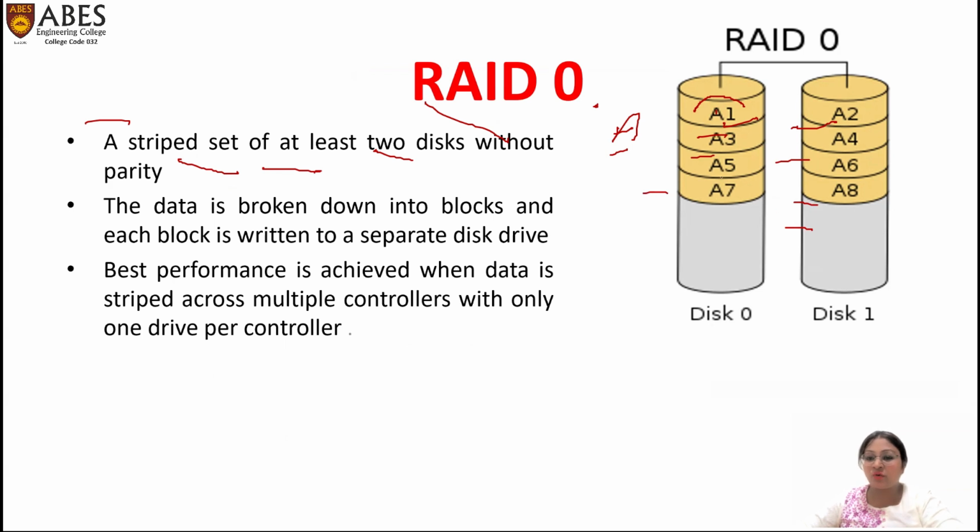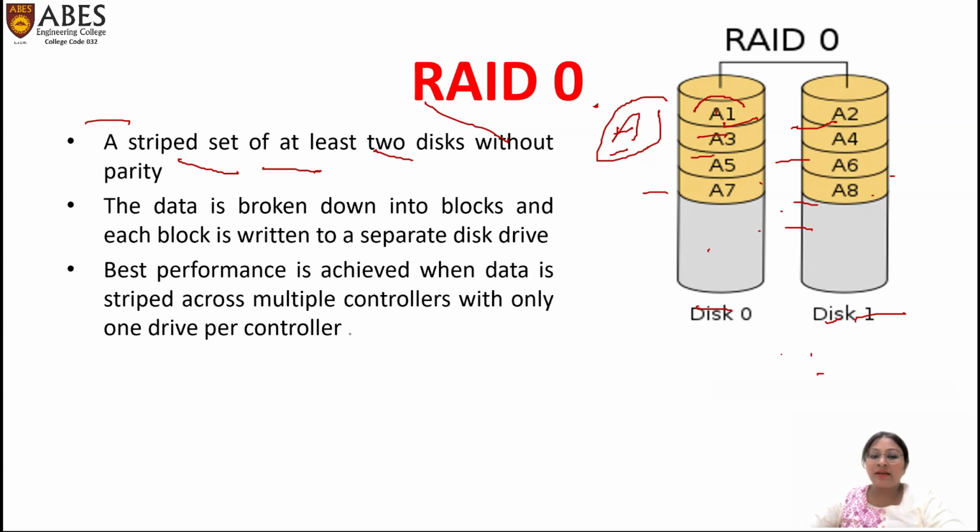The data A is divided into 8 blocks, and all eight blocks are stored in two different disks, disk 0 and disk 1. In disk 0, we have A1, A3, A5, A7, and in disk 1, we have A2, A4, A6, A8.